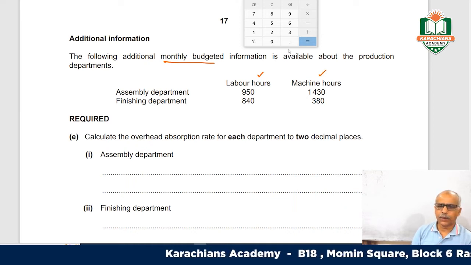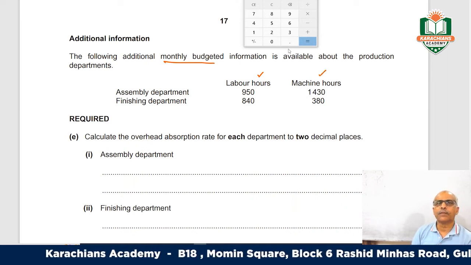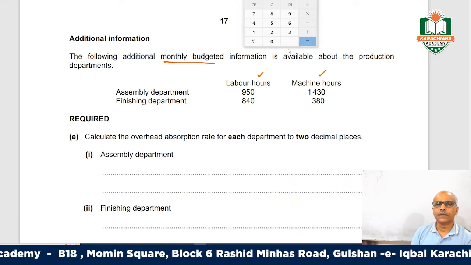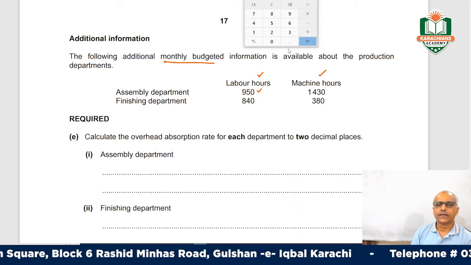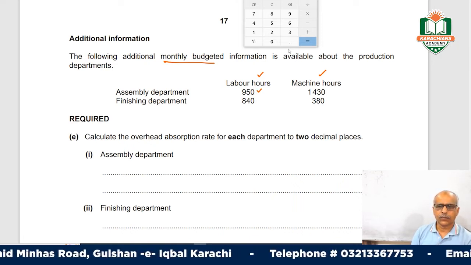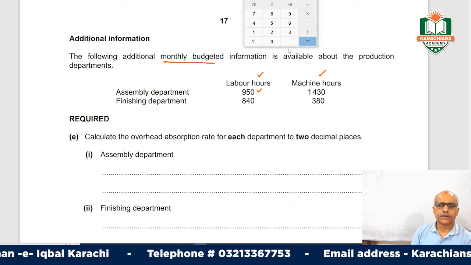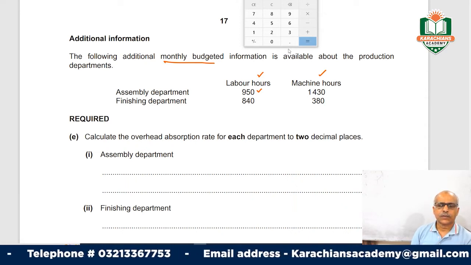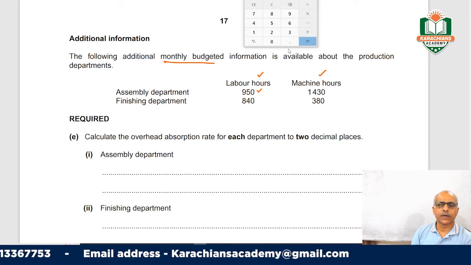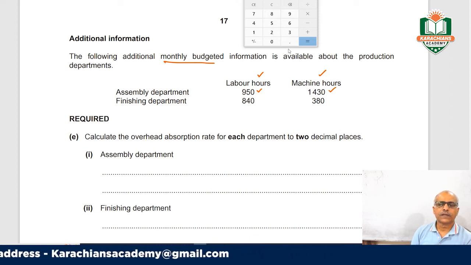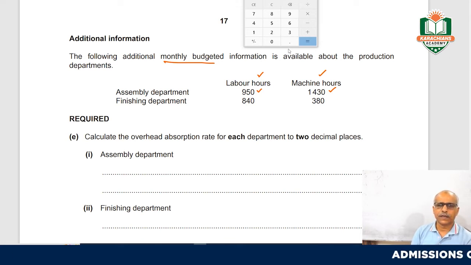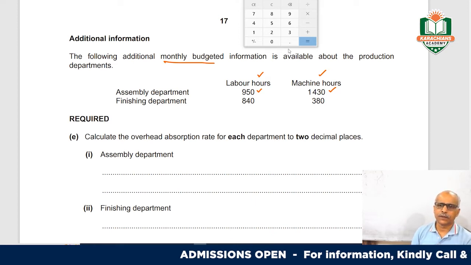So the assembly department will use, in the month of April, 950 labor hours, while the machine in the assembly department will work for 1430 machine hours. So it means assembly department is a machine intensive department.